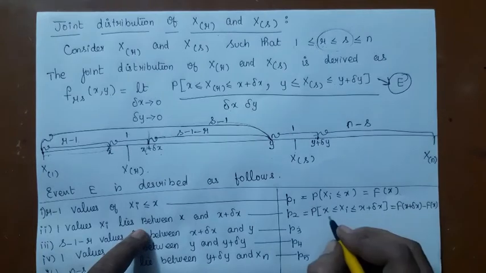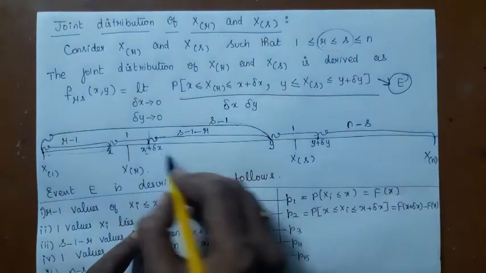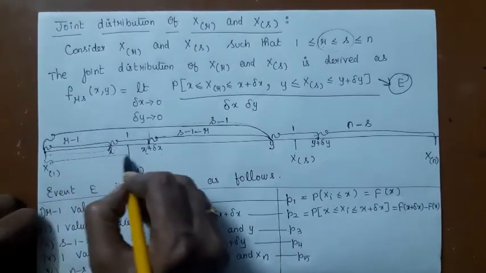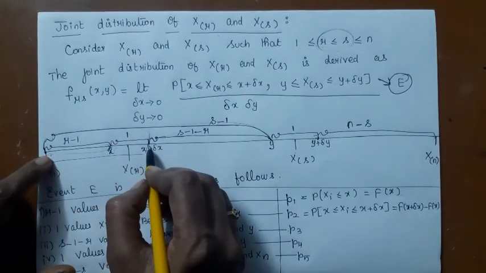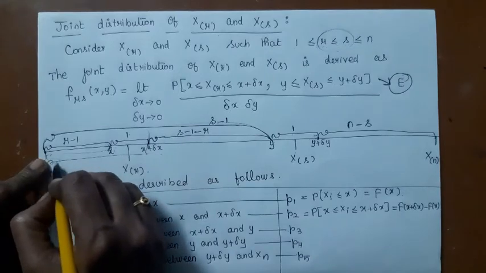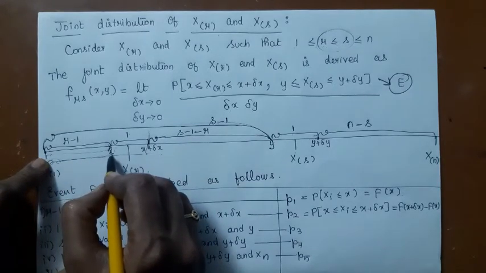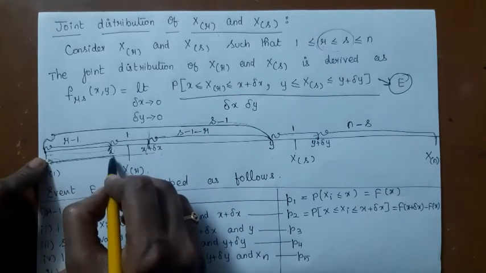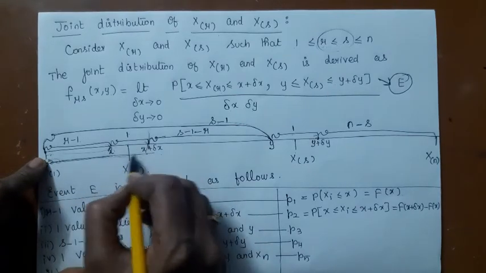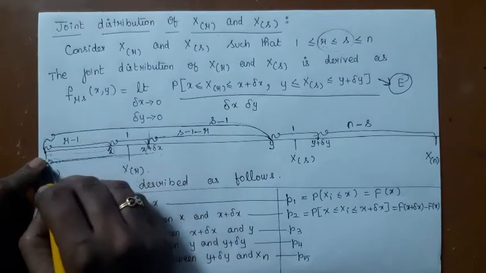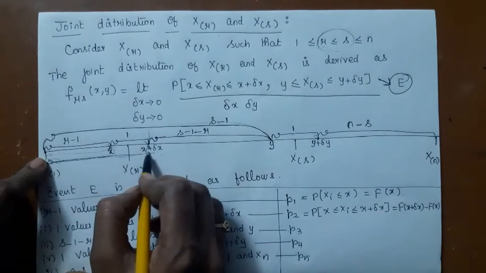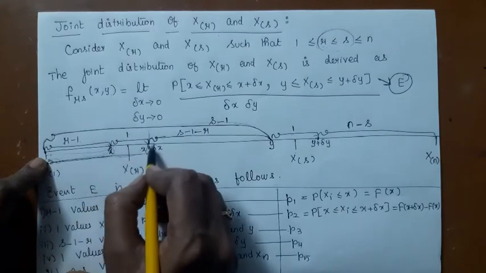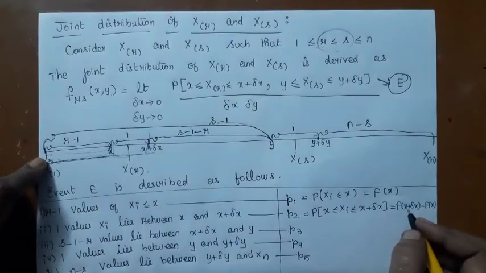Is it right? Your x is here, x plus delta x is here. You take the probability from X1 to x plus delta x and reduce it by the probability from X1 to x. The probability for this larger interval, reduced by the probability of this smaller interval, gives you the probability of this interval. That is the idea.